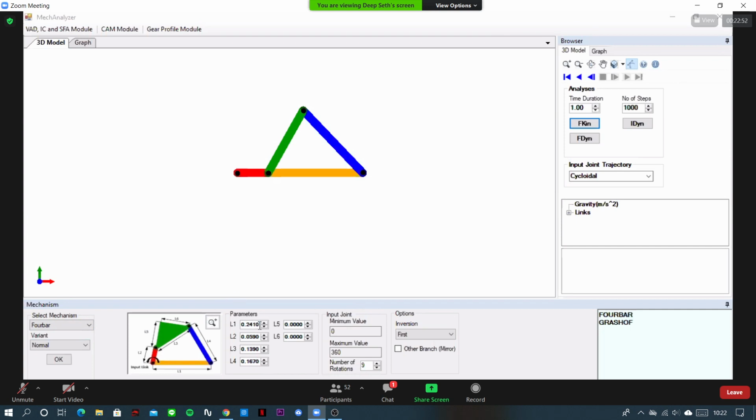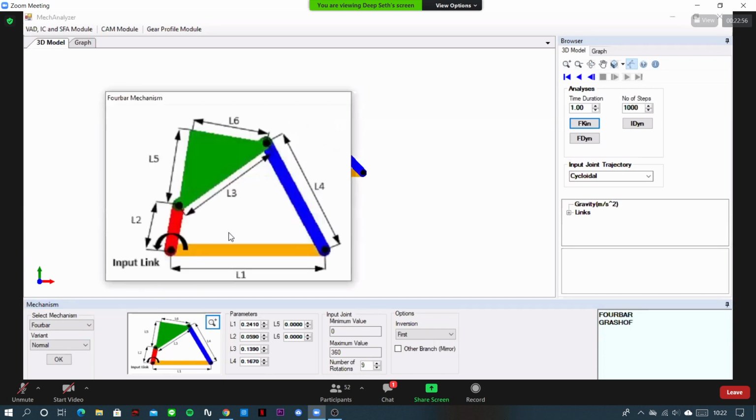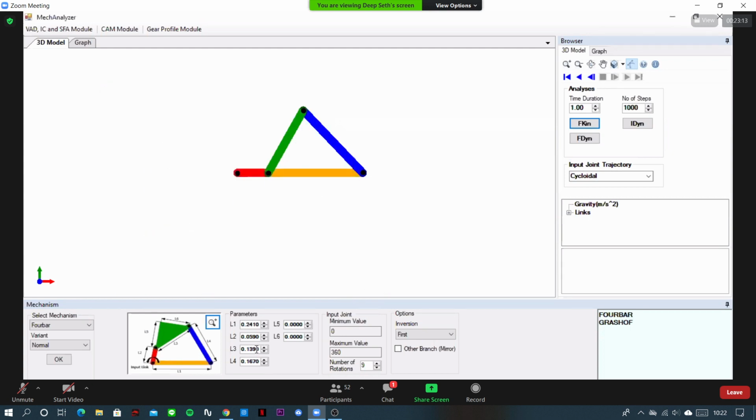You can see this link over here. Here the base link is L1, the smallest link is L2, the opposite side is L4, and this is L3. Don't worry about L5 and L6 for now. I made them 0 for now, just to show you 4 bars.